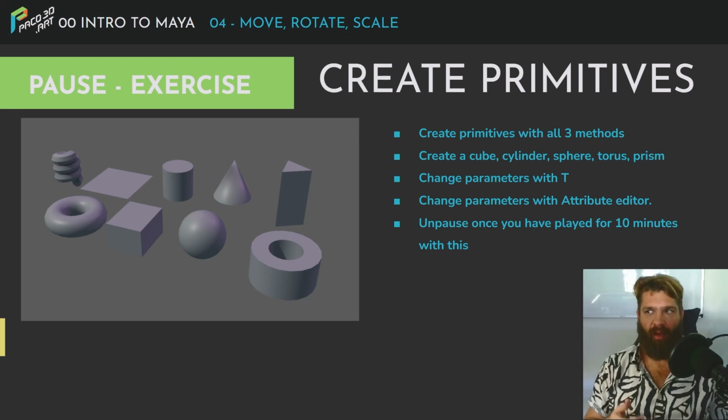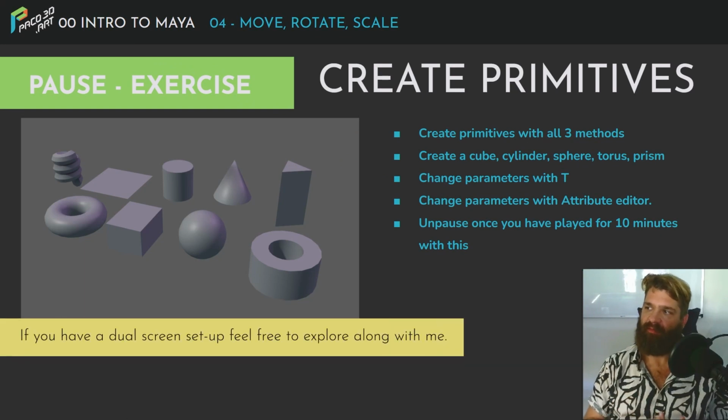Okay, very good. So now that you've got a bit of a better idea on how to create primitives, but also how to change them, I'd like to give you a bit of a break on how to just create primitives on all the different methods.